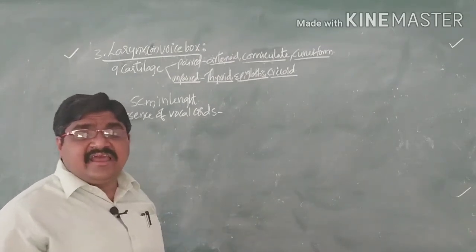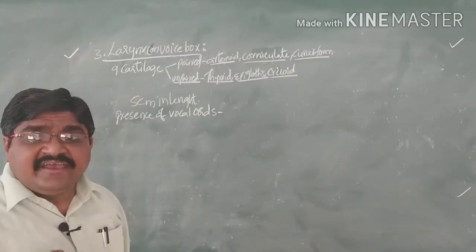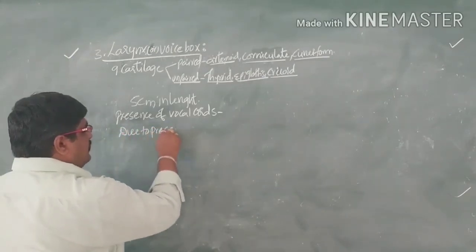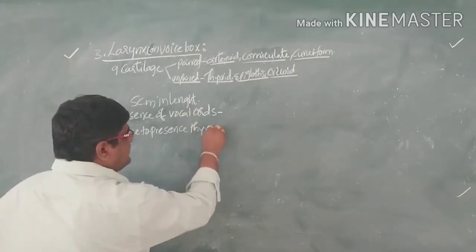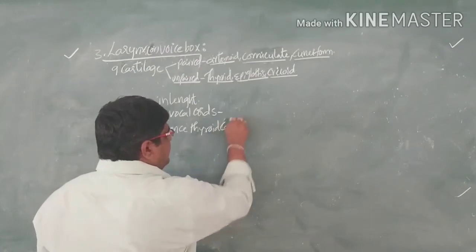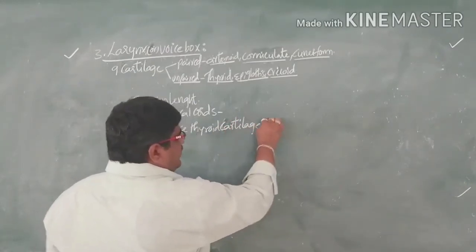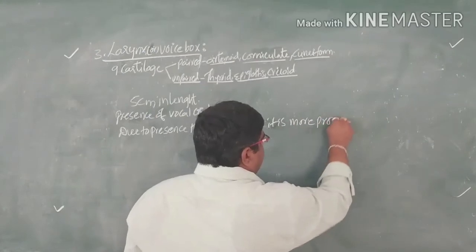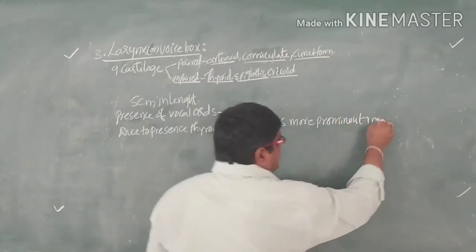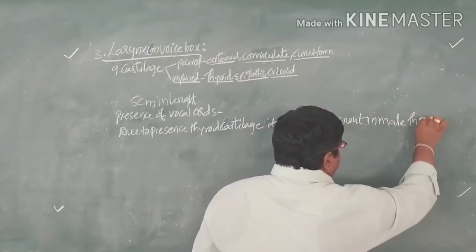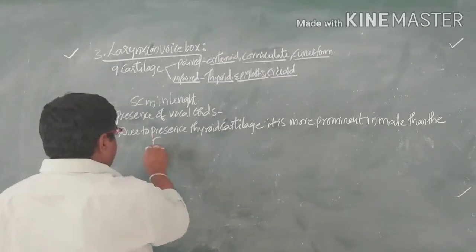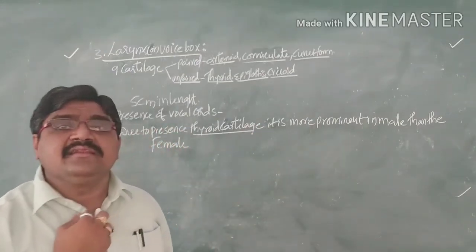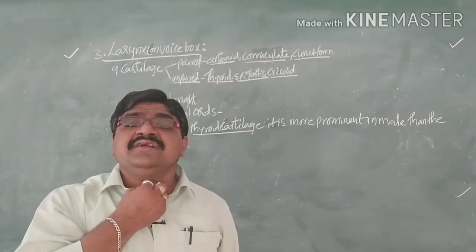Among these 9 cartilages, the thyroid cartilage is more prominent in males than in females.